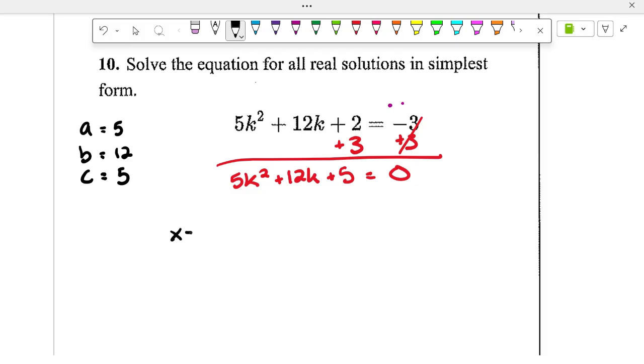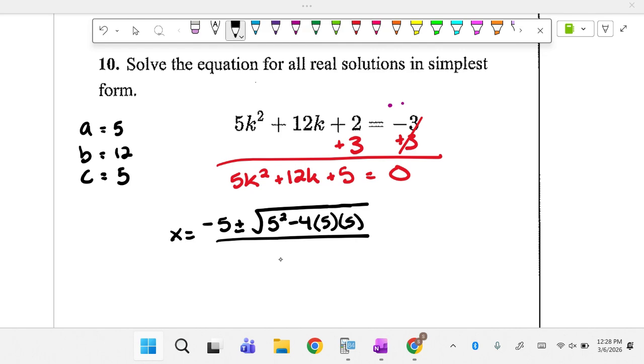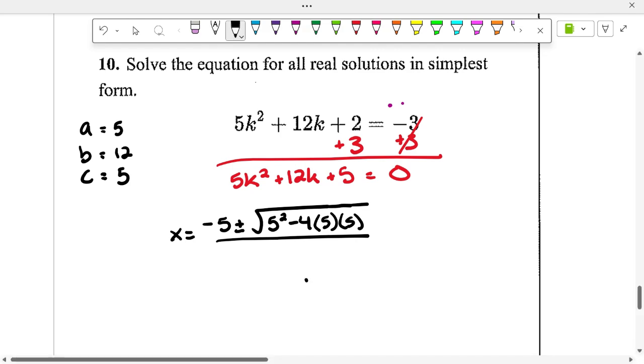So I have x equals negative what? 5 plus or minus the square root of what? 5 squared minus 4 times what? 5 and 5. All over, oh, it's not 5, it's 12. Yeah. That's 12. I thought that looked wrong. Over 2 times 5.